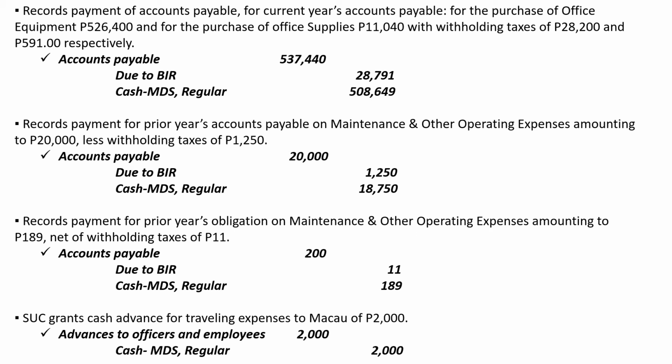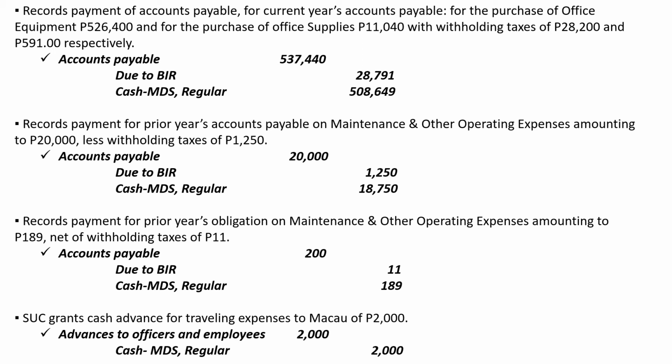Due to BIR for the withholding taxes, just add 28,200 and 591, so we get 28,791. The remaining is the payment. We pay in actual cash, MDS regular, 508,649.